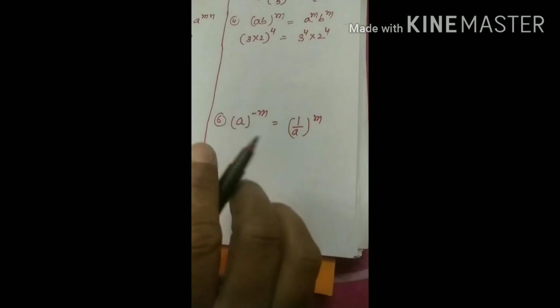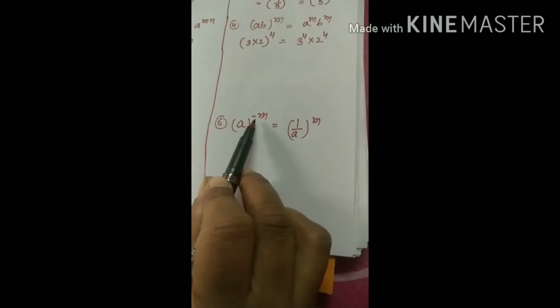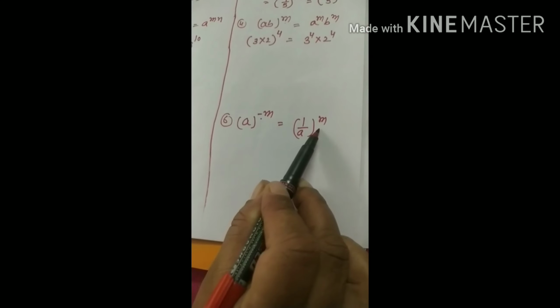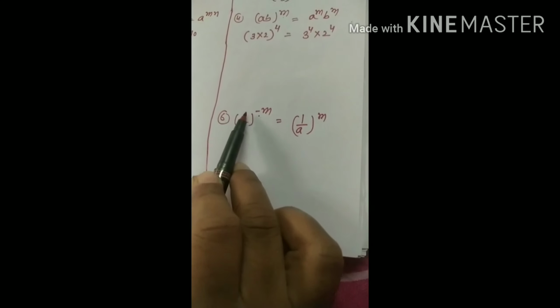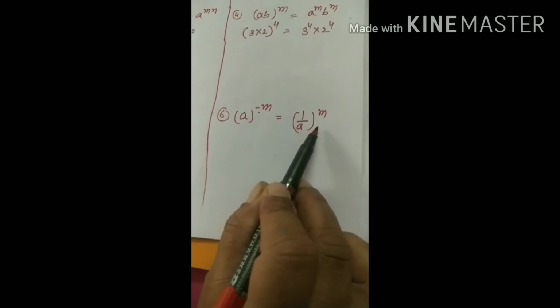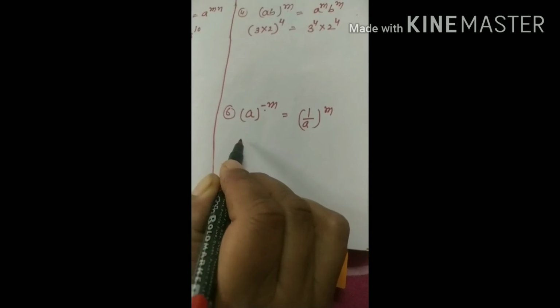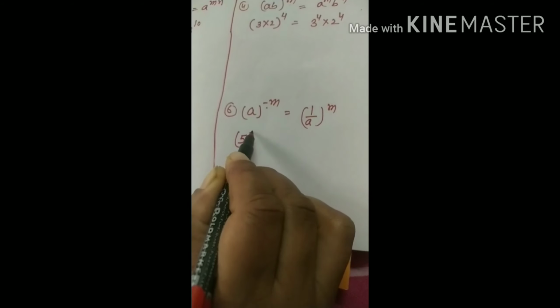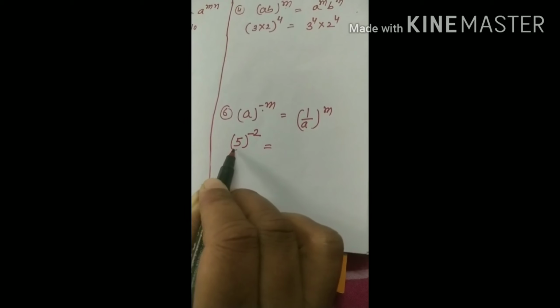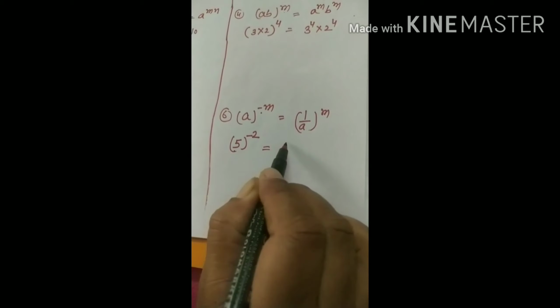Next is, if the base has a negative power, how can you change it into a positive power? By taking the reciprocal of the base, you can convert the negative power into a positive power. Like if 5 has power minus 2, how can you convert it into a positive power? By making the base its reciprocal.